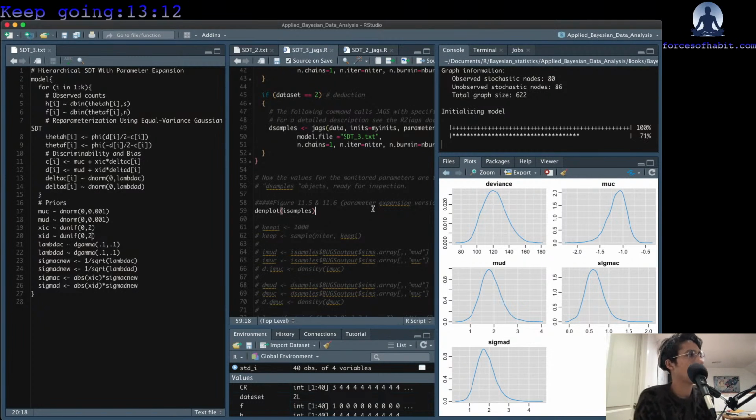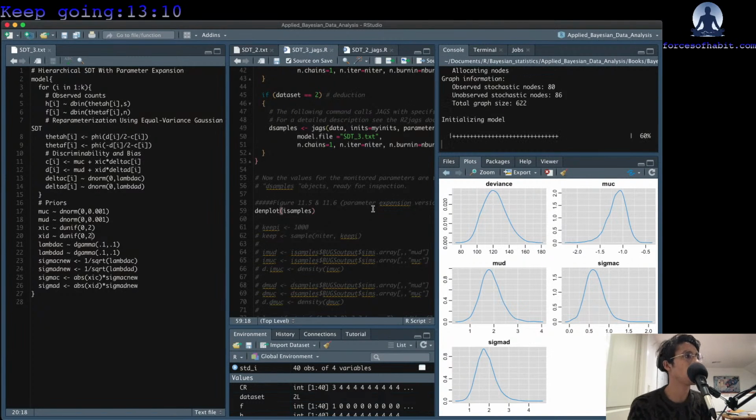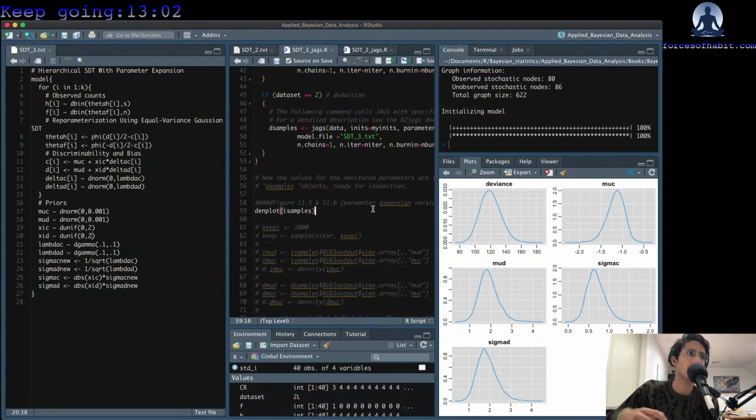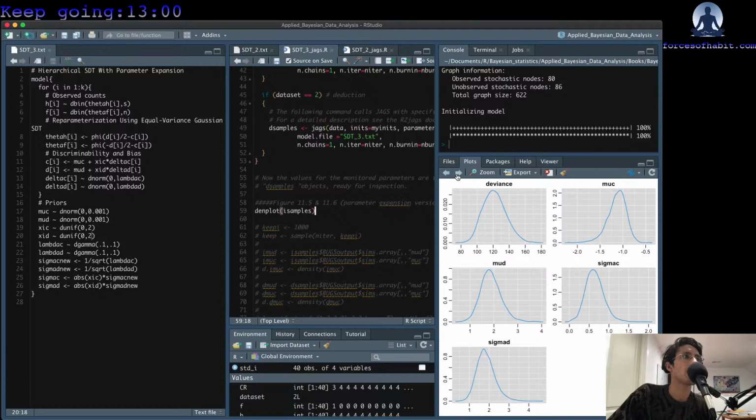So far, it looks like changing the priors for the gamma distribution for our precision impacts or influences the results. We just get a little tighter.